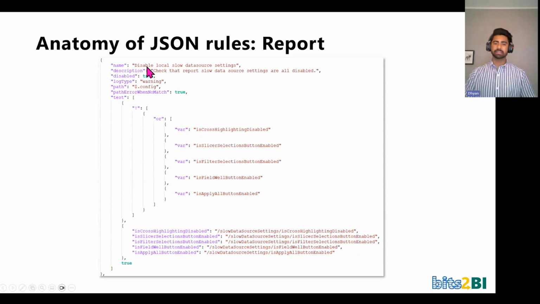They are titled as disable local slow data source settings. So this best practice will check if all 5 of them are disabled, then it's okay. Otherwise, your report can be slow while it's executing in the service. Important to note here is the log type warning. You can think of it as severity: information, warning, and error. And we will get to it when we're talking about Azure DevOps later on.